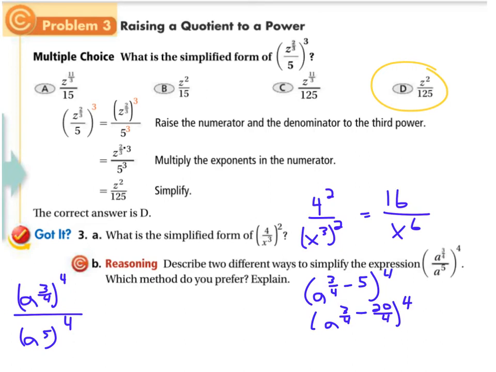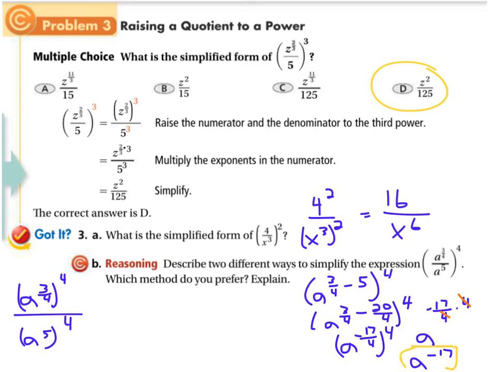And when we subtract those, we get a to the negative 17/4 all raised to the 4th power, and then you multiply those 2 together, and you get a to the negative 17/4 times 4, which these 4's cancel out, and you get ultimately a to the negative 17. Simplest method? Let's see. Let me just mark this.